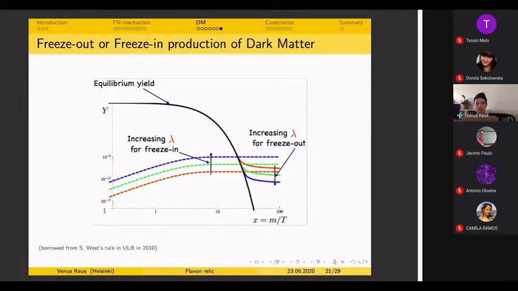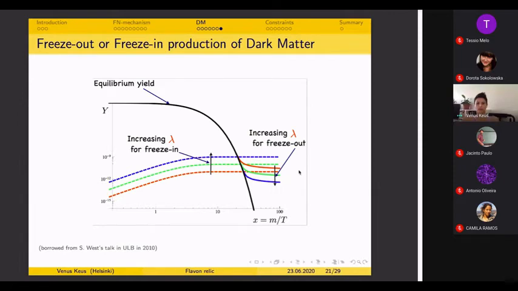In the freeze-in case, which is describing feebly interacting massive particles, or FIMPs, you assume no initial density or abundance of dark matter, but as time goes on, more and more of your dark matter particles are produced, until you reach a point where the Hubble rate is larger than the interaction rate that produces your dark matter, and you won't be able to produce more, and you freeze in the amount of dark matter that you have.